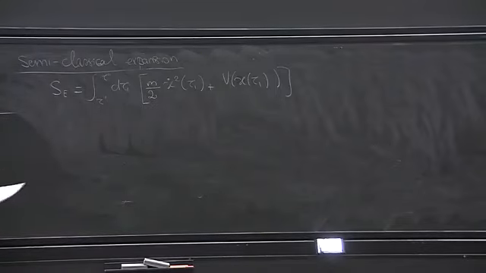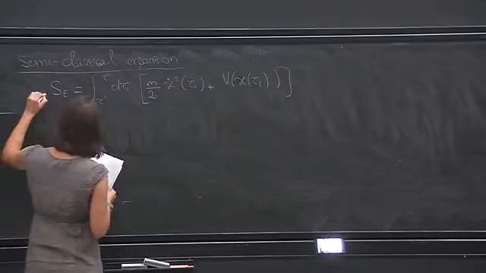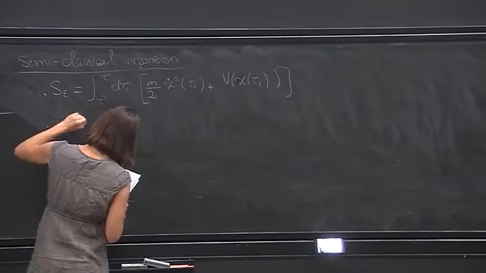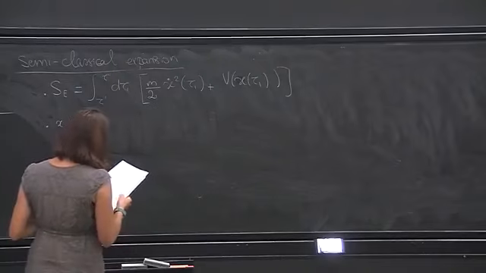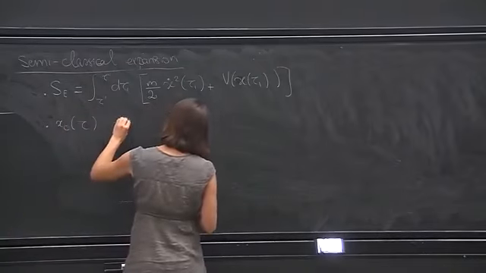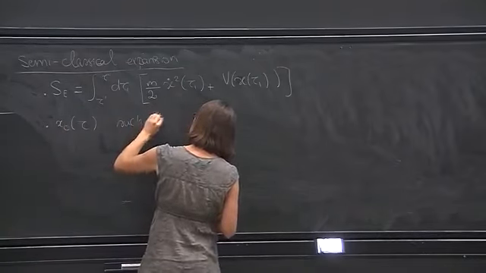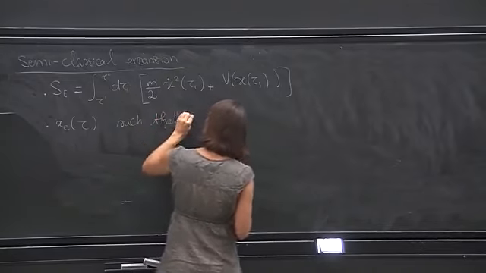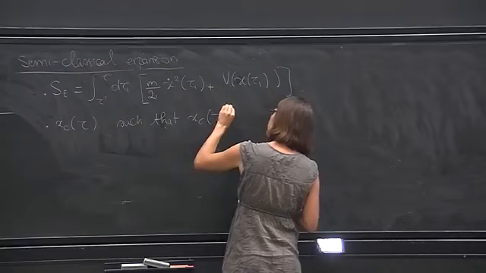Now to do the path integral, let's suppose that we know the classical solution, that I'm going to denote x_c of tau, that satisfies this boundary condition.